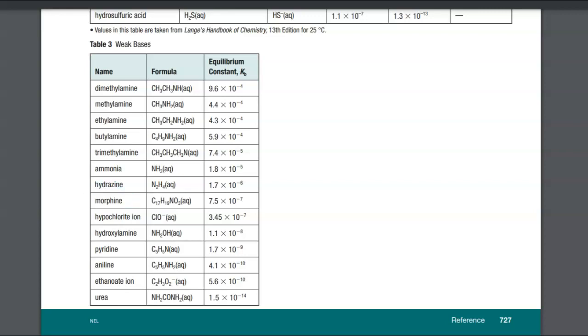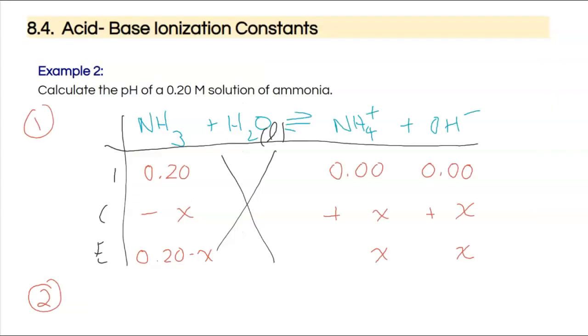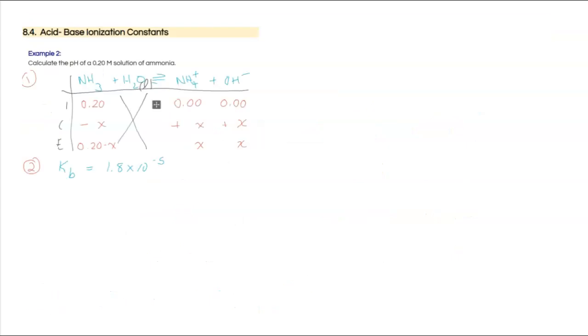Ammonia is a weak base with a Kb value of 1.8 times 10 to the negative 5. So that's helpful, and I'm going to utilize that in my solution. So I'm just going to write that out: Kb for ammonia is 1.8 times 10 to the negative 5. So just remember that you have that reference piece in order to help you through this question. I ran out of real estate, so I created a new slide and just wrote all the steps we've done so far. So I'm just going to carry on from there.